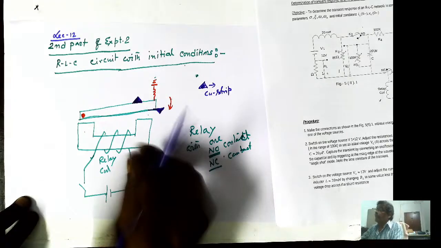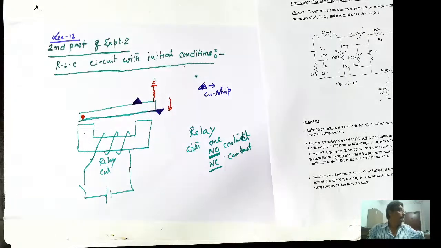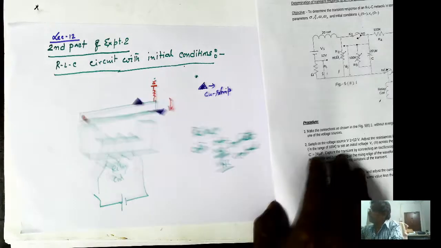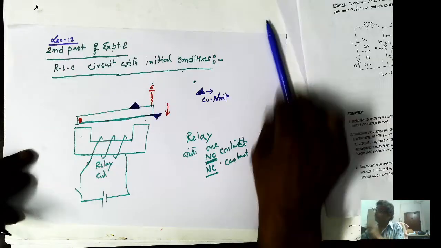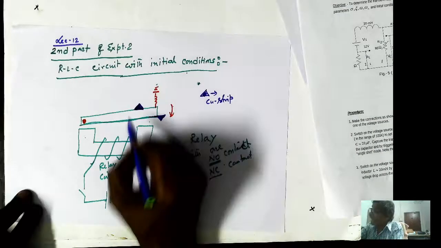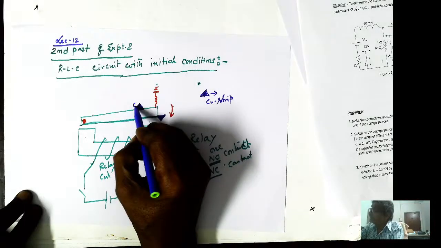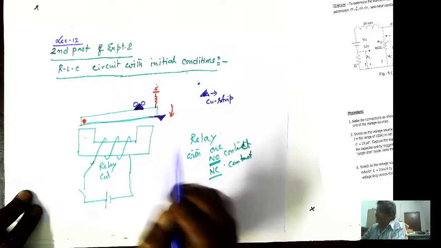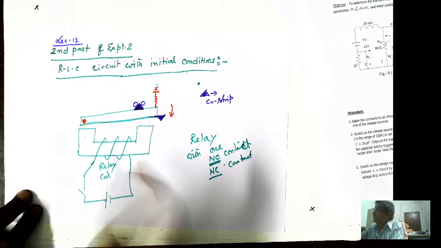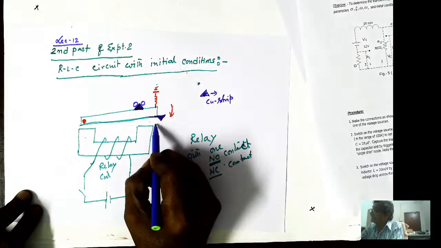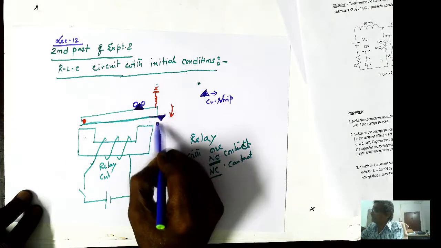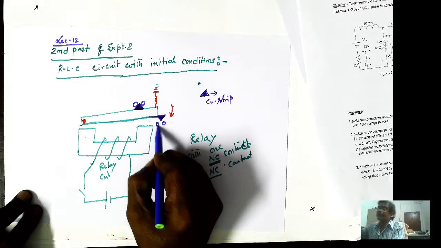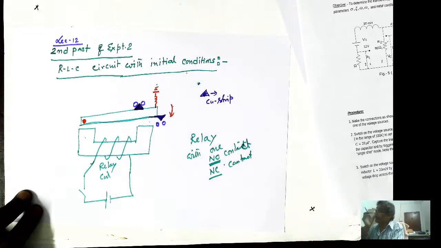Now it is like this, that suppose you have got two contacts, two electrical terminals, relay coil is not energized, and a pair of terminals here, to which I will connect some other circuit.